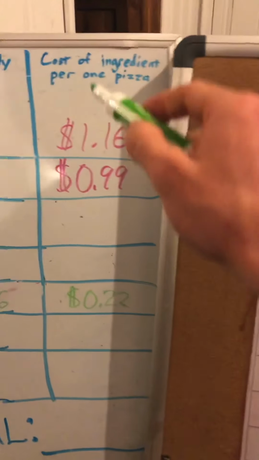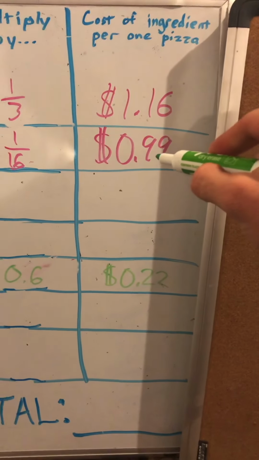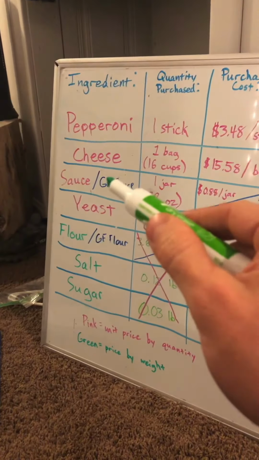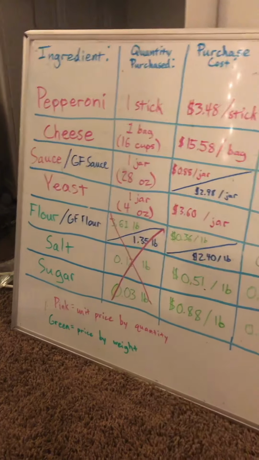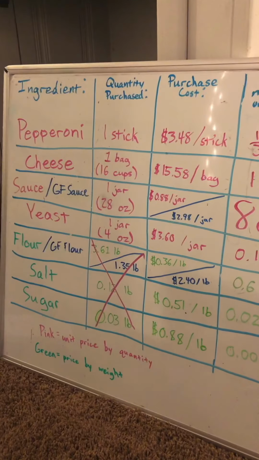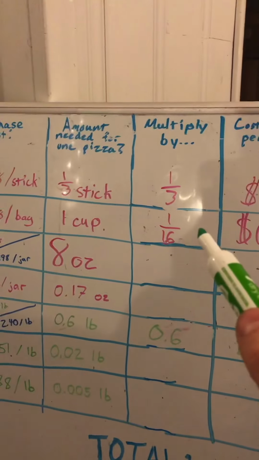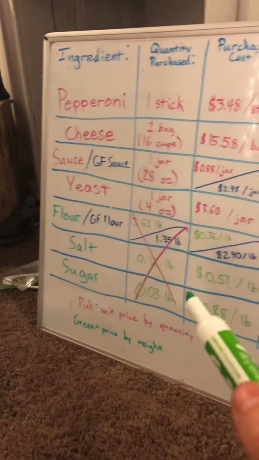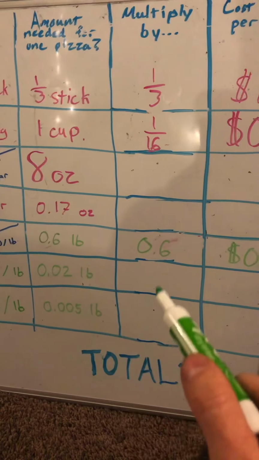Okay, so far we've got $1.16 worth of pepperoni, 99 cents worth of cheese, 22 cents worth of flour. You're going to have to figure out how much sauce is going to cost, how much yeast is going to cost, how much salt and sugar are going to cost. Remember that these pink ones are multiplying by a fraction, and these green ones are going to be multiplying by this decimal.